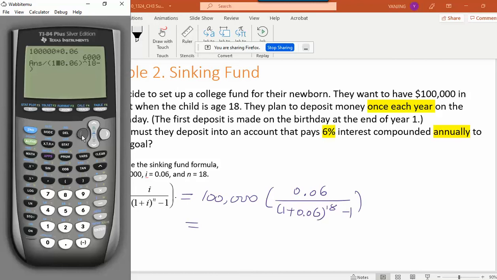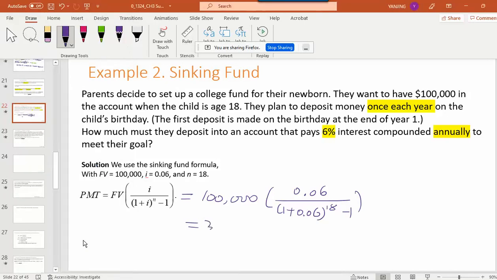So let's go back. 1 plus 0.06, which is okay, and then minus 1, and then I have another parenthesis. Okay, so that's 3235.65.